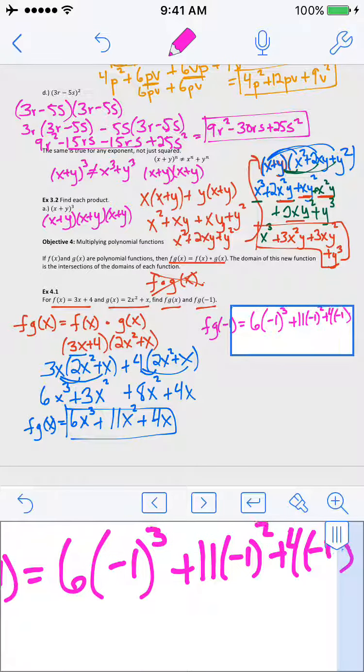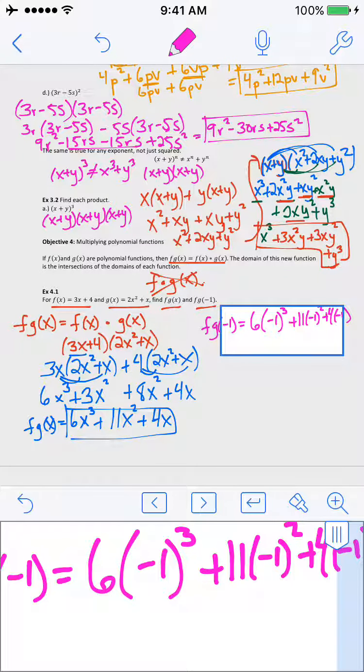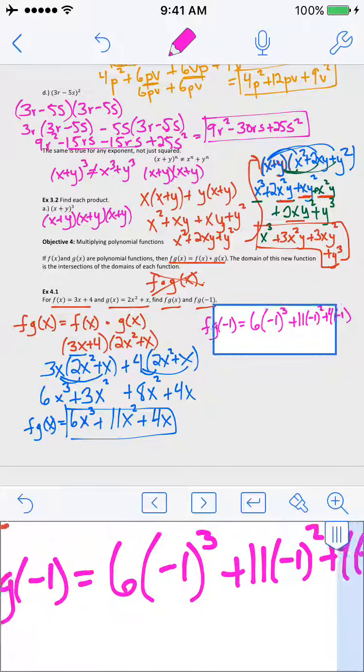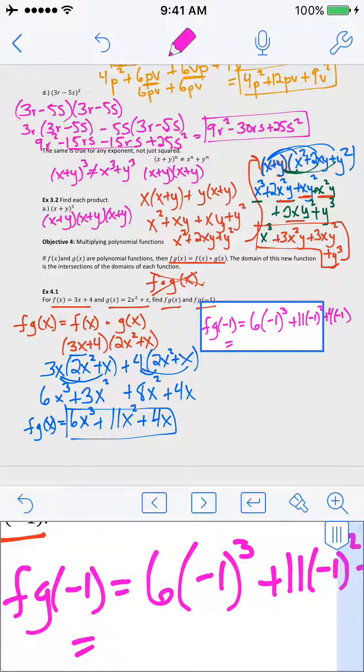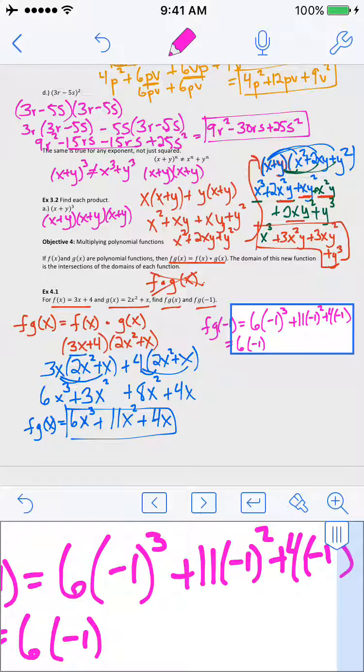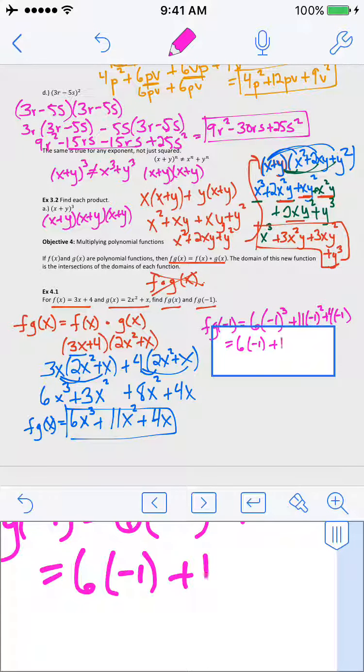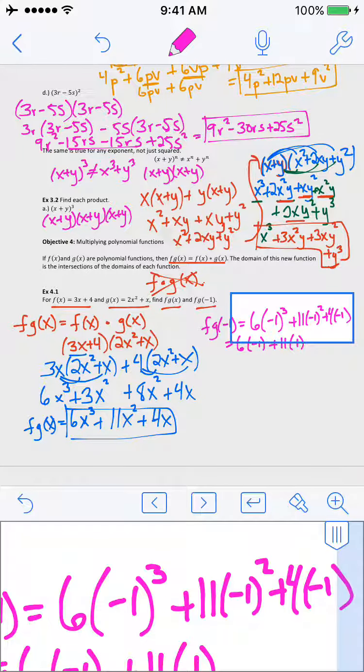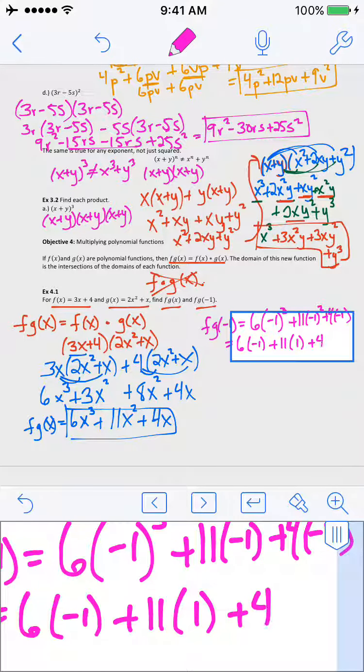Okay, cool. Now I'm going to go very slowly. I'm going to tackle those exponents first, right? So -1 cubed is -1, so 6 times -1. -1 squared is +1, so plus 11 times 1. And then we don't have any squareds there, so we'll just keep it as 4 times -1.